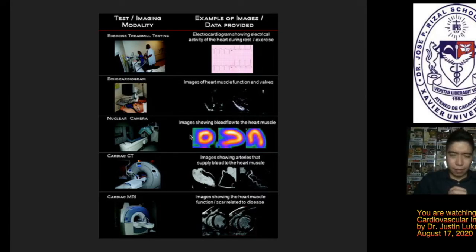Then for us, on our part, the common imaging modalities used are cardiac CT and cardiac MR. Although in our setting, in RCT, it's not yet very commonly done. We have cardiac CT now. I think Polymedic Plaza offers that.